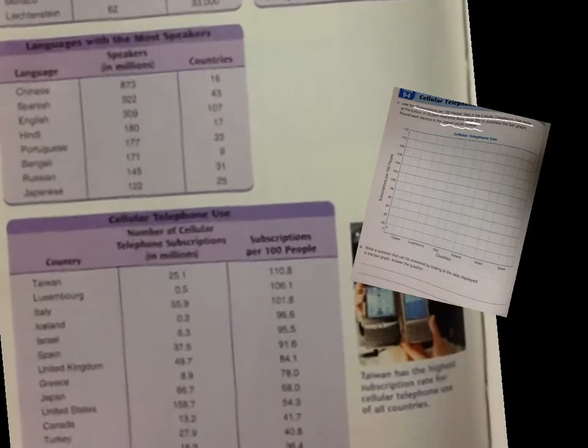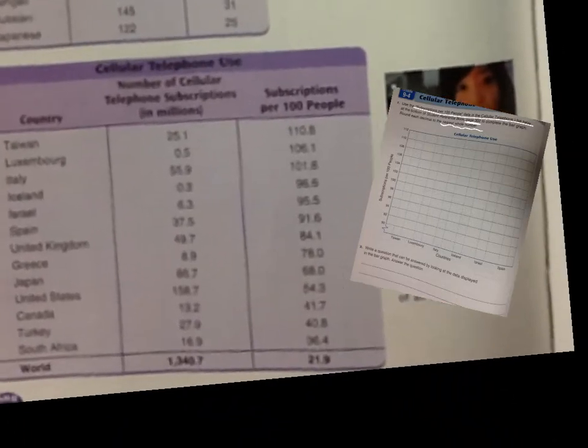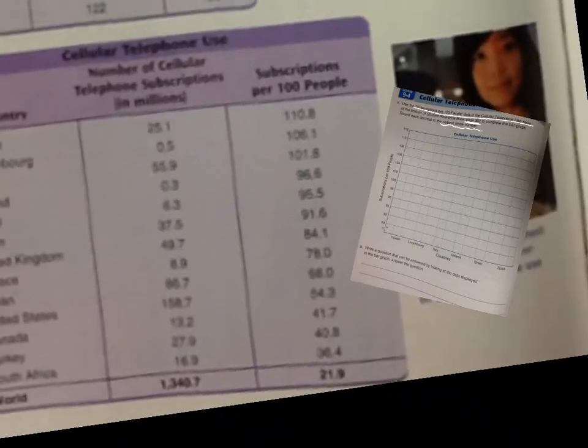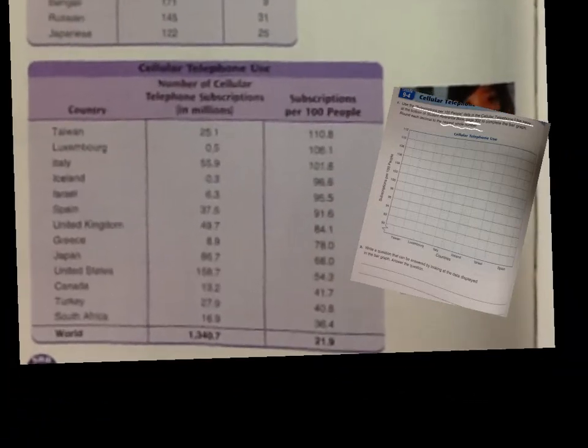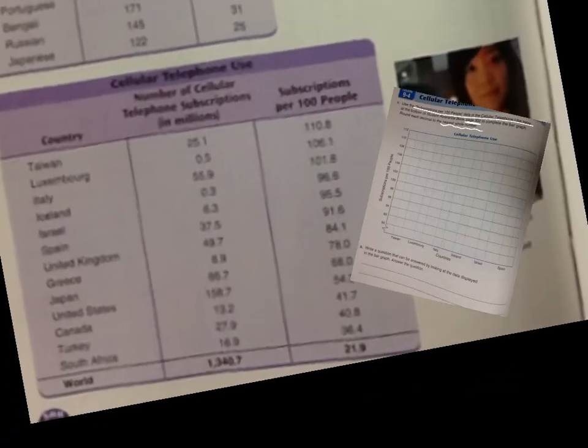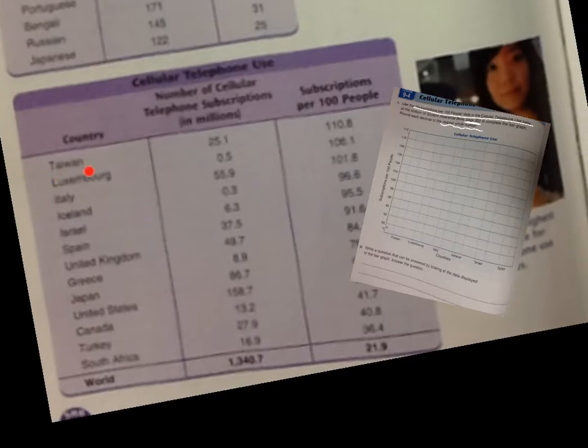So the page we're looking at looks like this, and we're going to look at this bottom section, cellular telephone use, subscriptions per 100 people. So let's take a look at Taiwan. And it says Taiwan here has 110.8 subscriptions per 100 people.